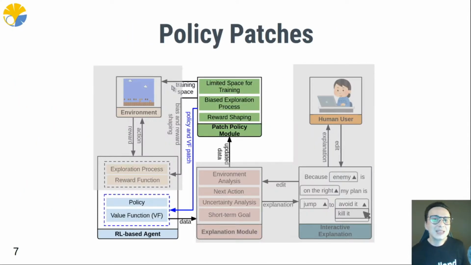Now the last step is how we integrate the policy patches. As you can see here, the output of the patch policy module is a policy and a value function. This policy is very specialized at solving a specific problem in a very small subset of states of the environment.